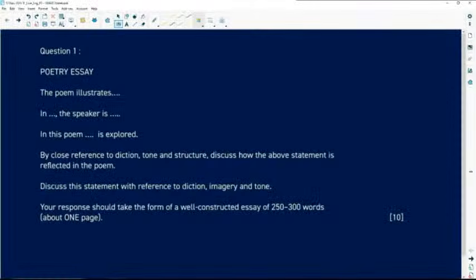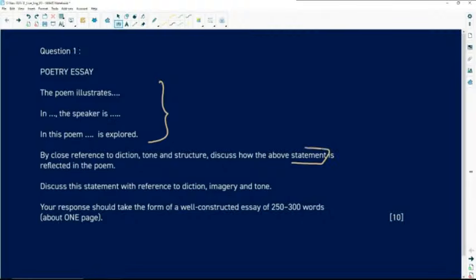So we're looking at paper 2 and trying to hit on some of the main things that will help you. The first question in the paper is the poetry essay, and it always has some kind of statement.